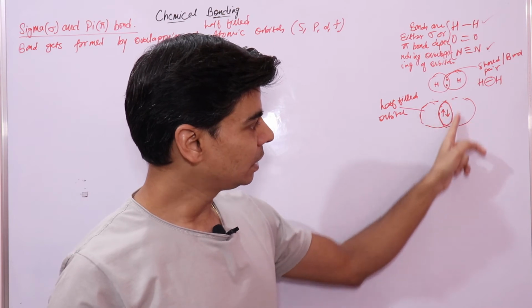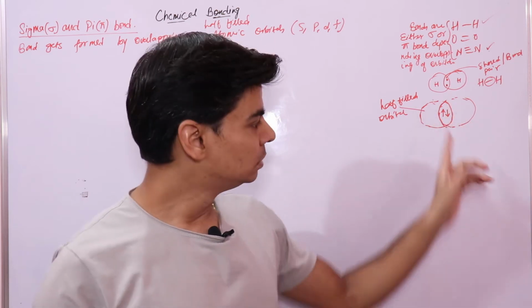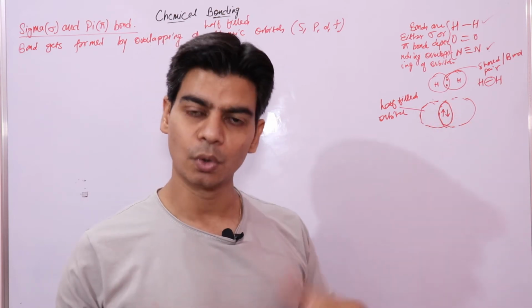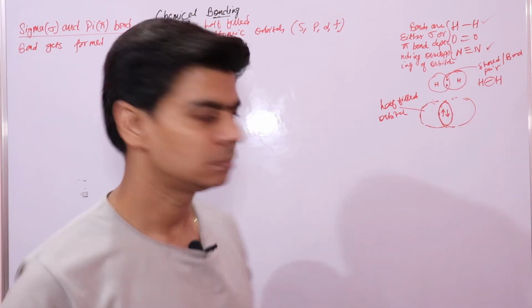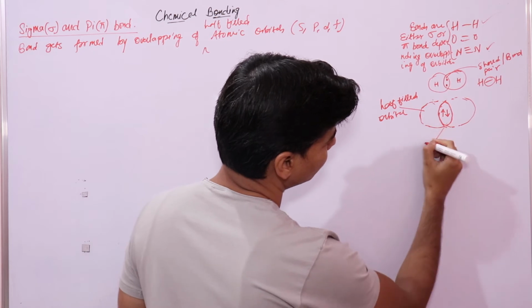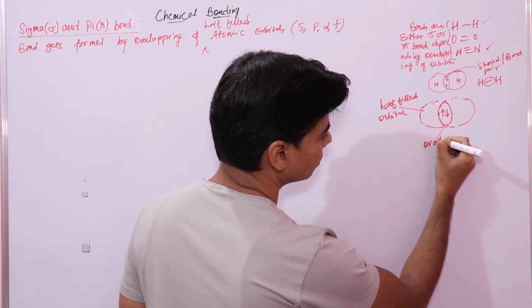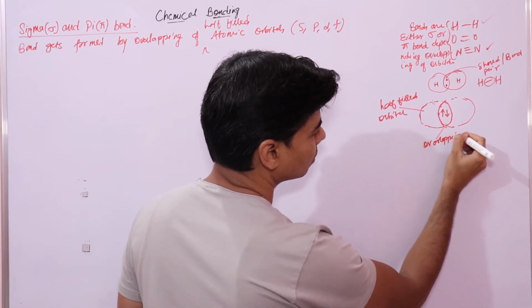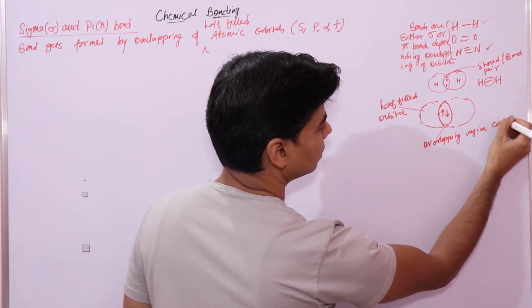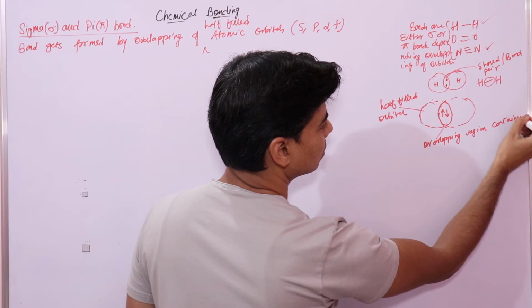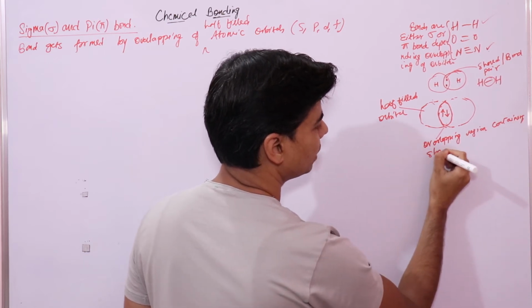And depending on how well these two atomic orbitals overlap, the bond is strong or weak. This is your overlapping region containing the shared pair of electrons.